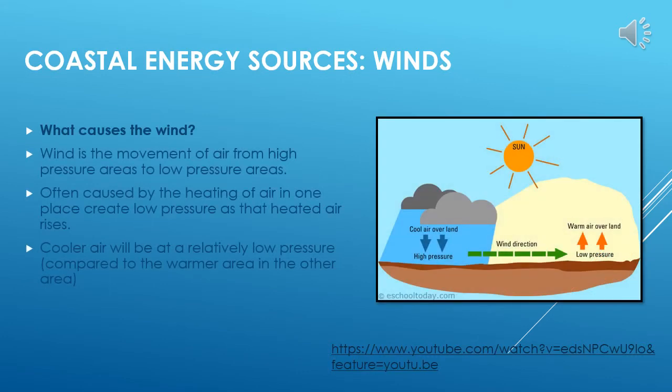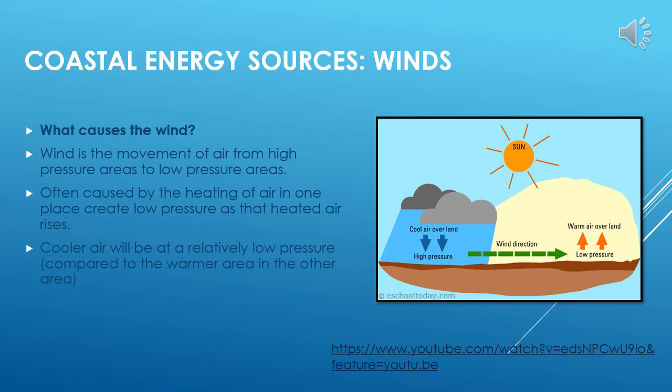Okay, so the first source of energy we're going to talk about in the coasts is the wind. Wind's quite straightforward. It's the movement of air from an area of high pressure to an area of low pressure. Now, high pressure is formed by cold air when it sinks, and low pressure is formed by hot air when it rises.